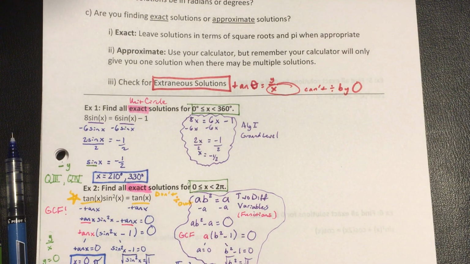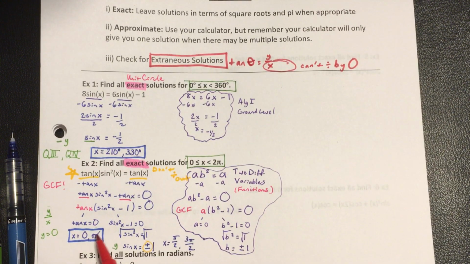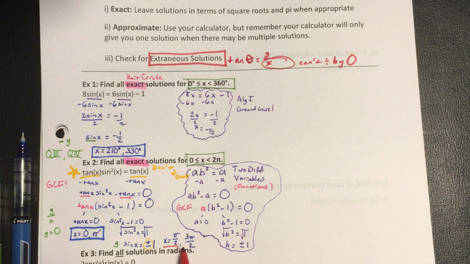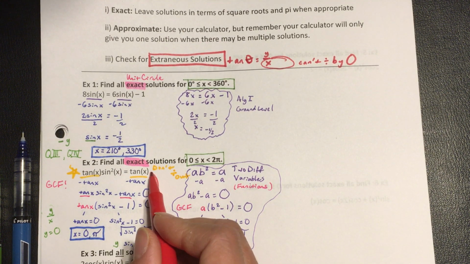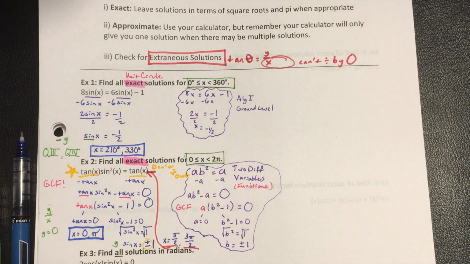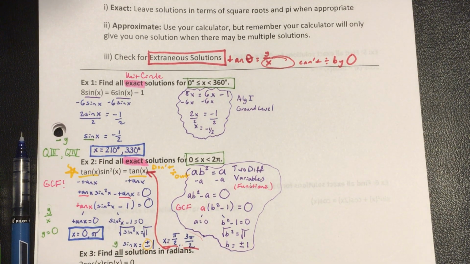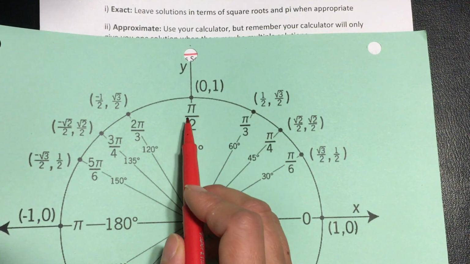So these I got from my tangent function, the 0 and pi, so those are all hunky-dory, but I need to make sure that these two actually work in our original equation when we plug into both trig functions. So it's fine in the sine function, but these two angles need to also work when I plug back into the original equation.